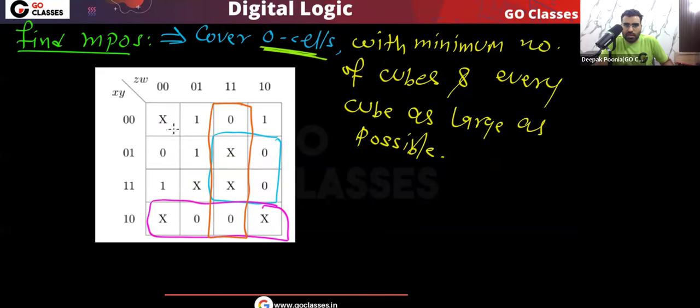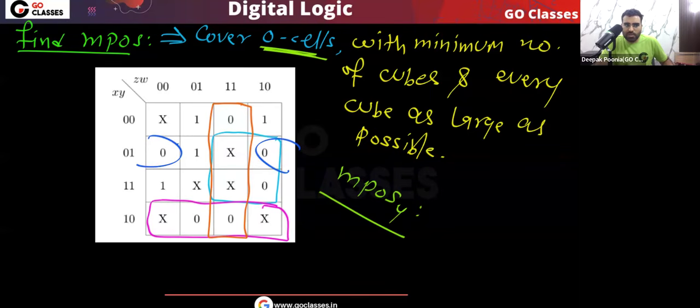So either I will make this cube or I will make this cube. Again, I got minimal POS 3 and minimal POS 4. Total 4 minimal POS I got.